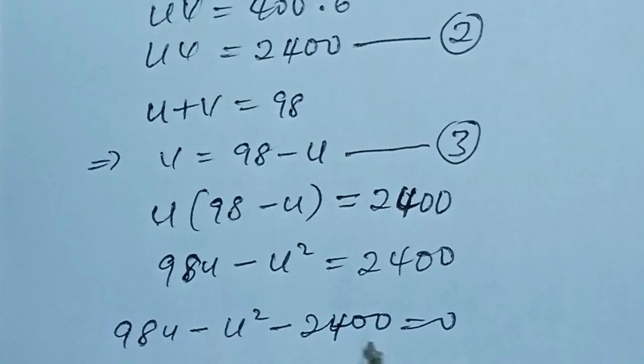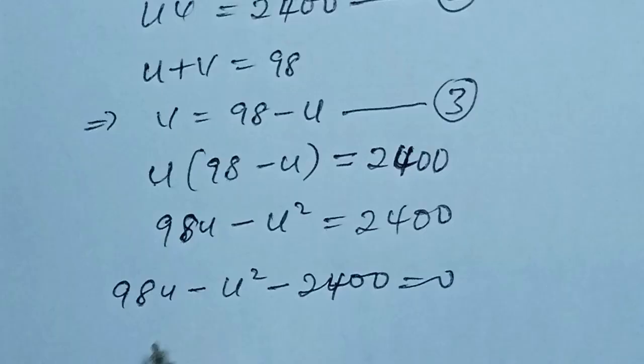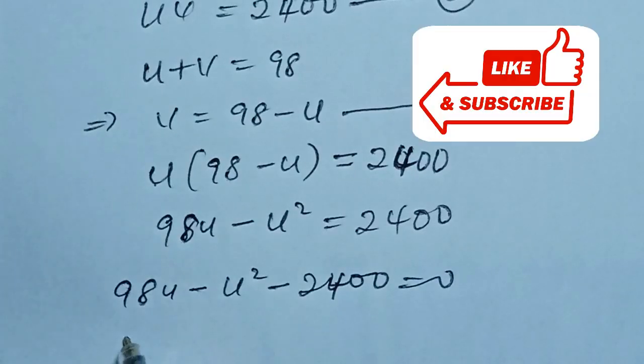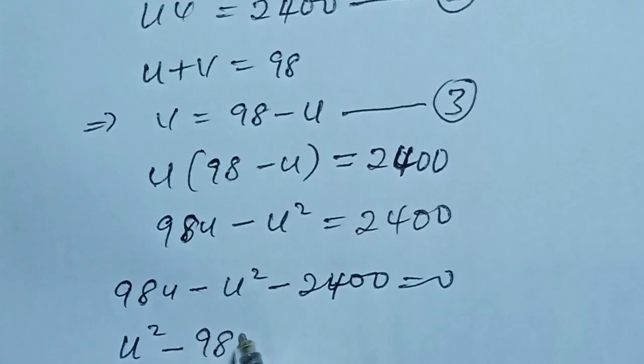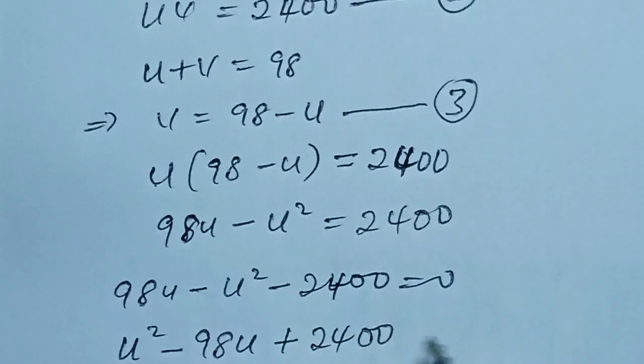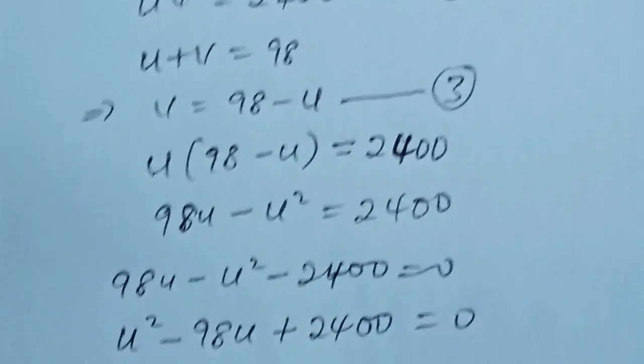Now, if we rearrange this, then as well multiply it by minus 1, what we then have will be u squared minus 98u plus 2400. Everything will be equal to 0.